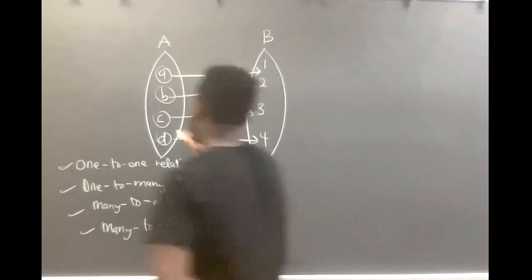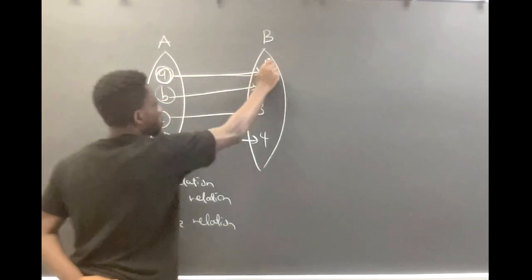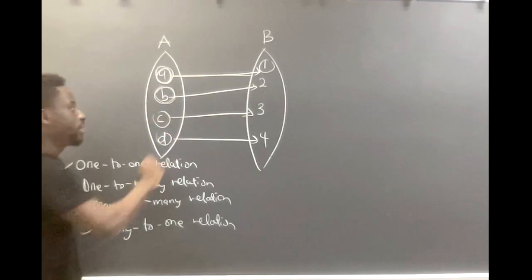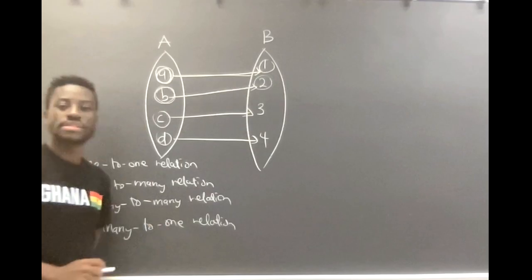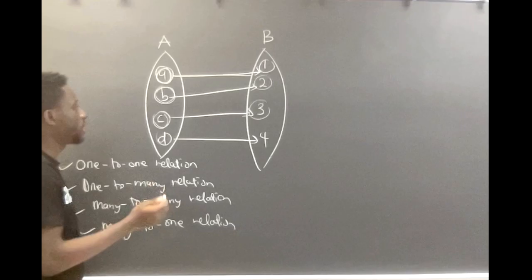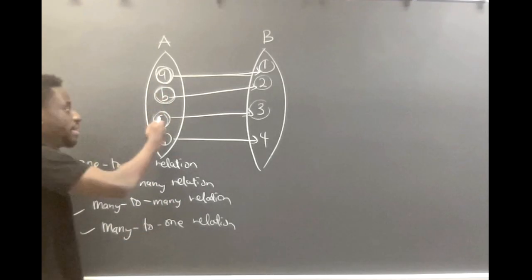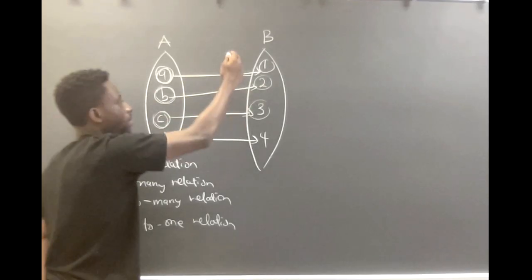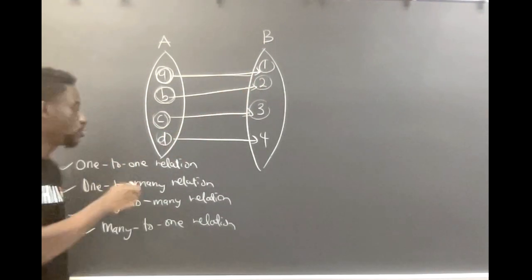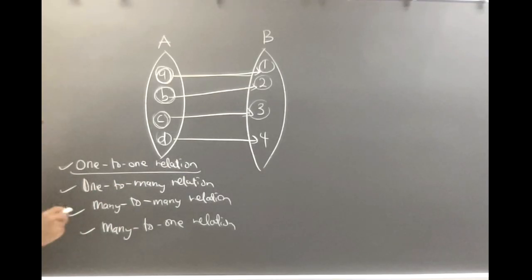So what I mean is this element here in set A is connected to just one element in set B. This element in set A is also connected to just one element in set B. This element here is also connected to this, right? So each and every single element or member of set A has a corresponding element in set B that it relates to. So that is the definition for a one-to-one relation. We're going to come back to this and talk a little bit about it.